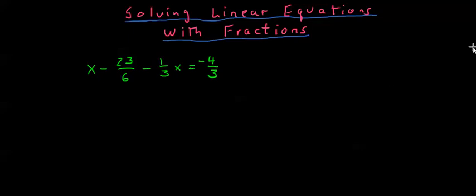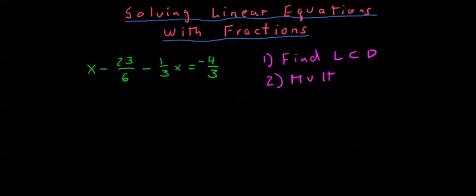There's three basic steps. One, find the least common denominator. We find the least common denominator when we add fractions. Just find it here. In this case, it's 6.